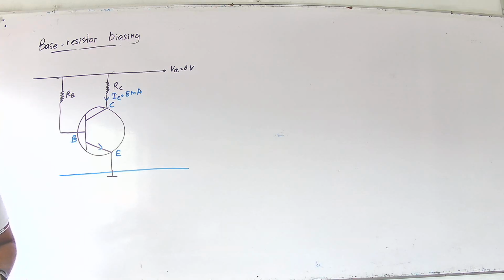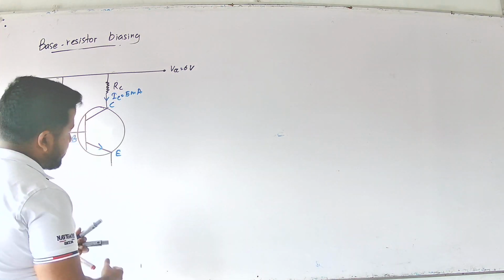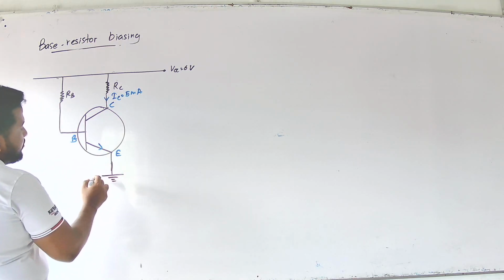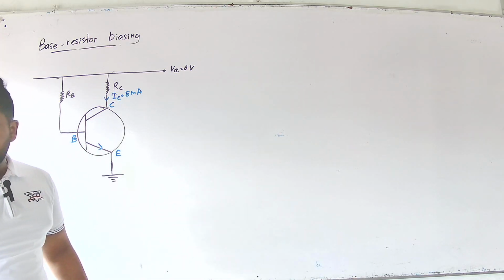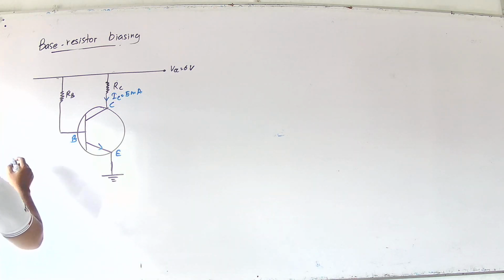Take the value as 0.6. This one can be connected directly to the terminal of the earth. Okay. Find out the value. Beta equals 100.